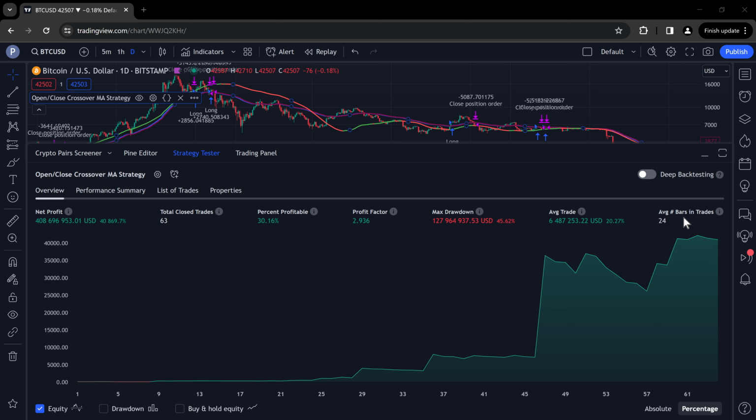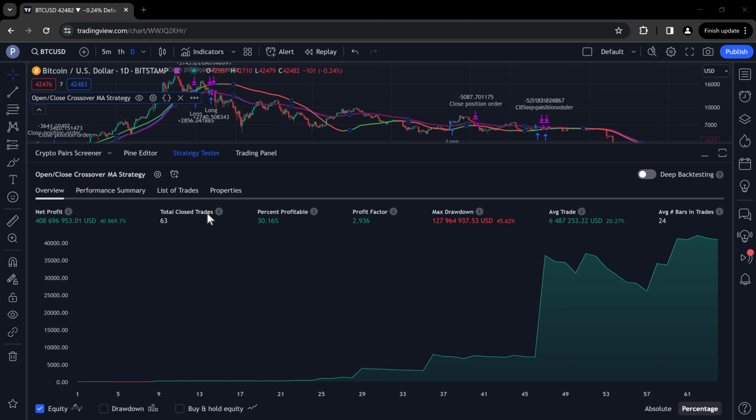This is the average number of bars elapsed during trades for all closed trades. So these main strategy performance statistics are very valuable during strategy backtesting and optimizing, as they allow, at a quick glance at the metrics, to evaluate the strategy performance.